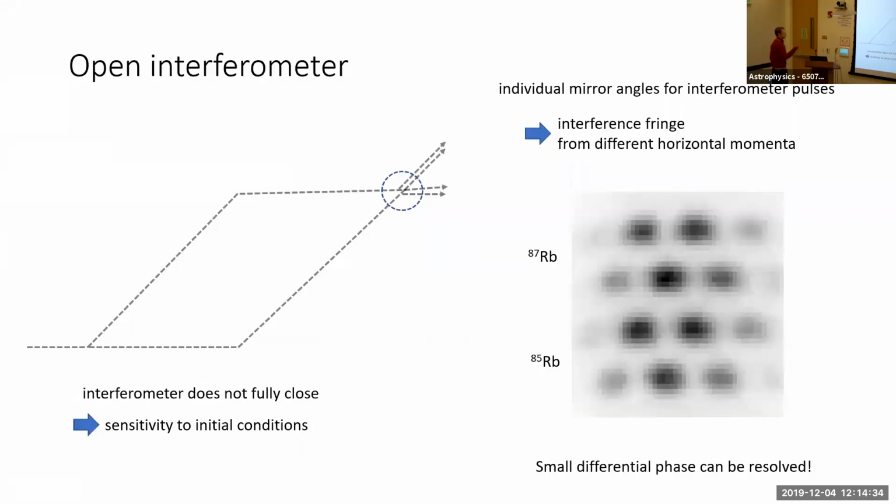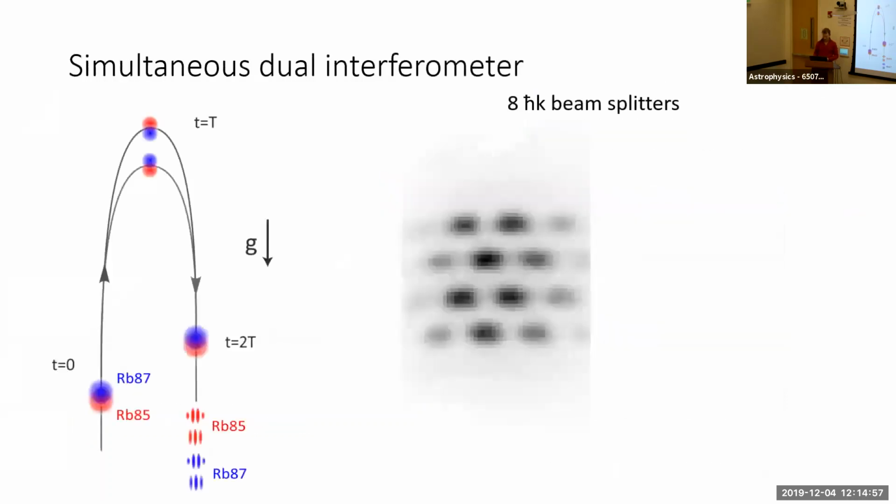So what you can see here is the upper two parts are rubidium 87, lower two parts are rubidium 85. You can see a sinusoidal modulation of the population. And in this case, it's very easy to compare the phases because you just have sines and you compare the relative position between them. So in this scheme, we can resolve the differential phase. But as pointed out before, this creates problems as well.